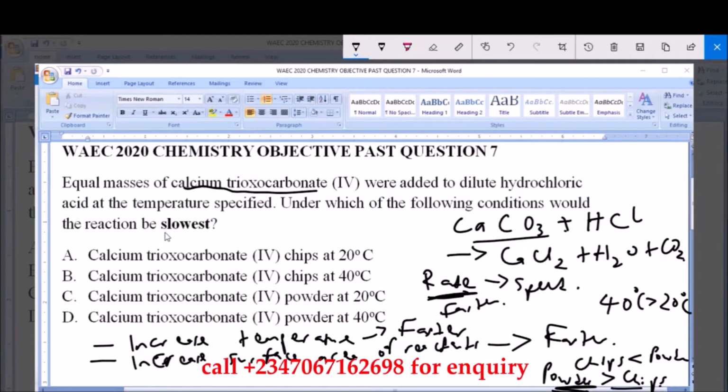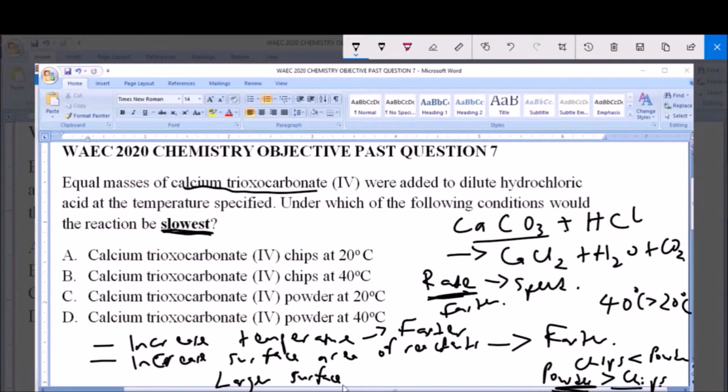But we are asked under what condition will the reaction be slowest. So the reaction will be slowest when you have lower surface area and also lower temperature.